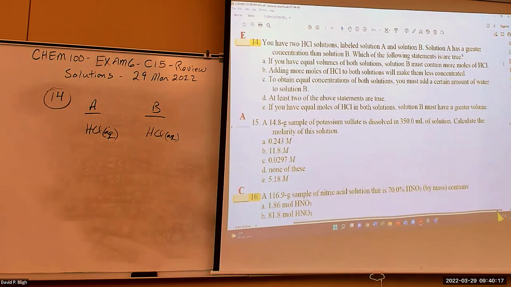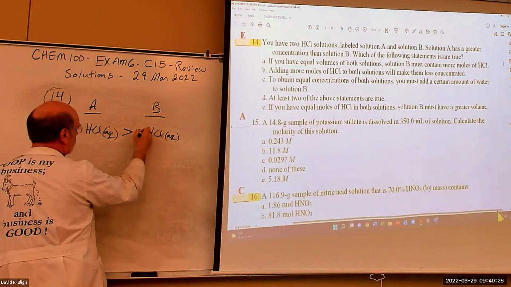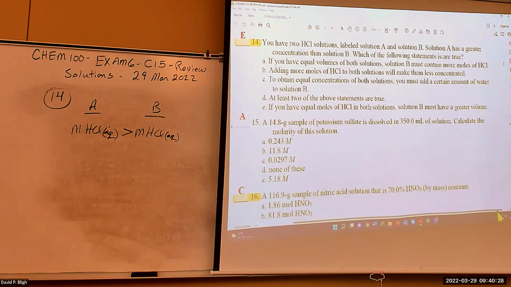Solution A has greater concentration than solution B. So the molarity of A is greater than the molarity of B. Which of the following statements is true?